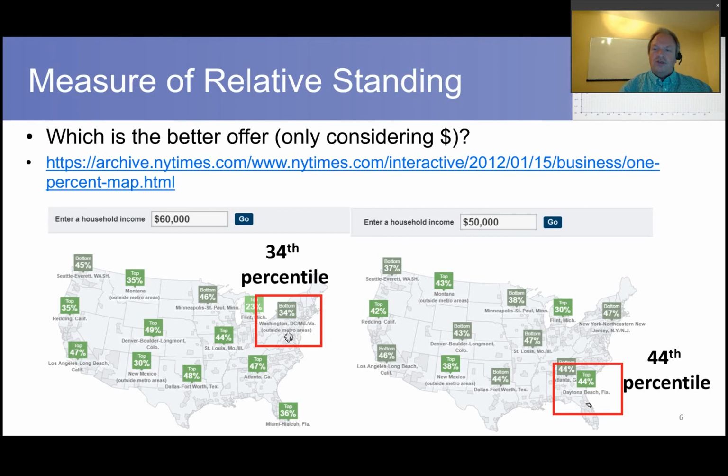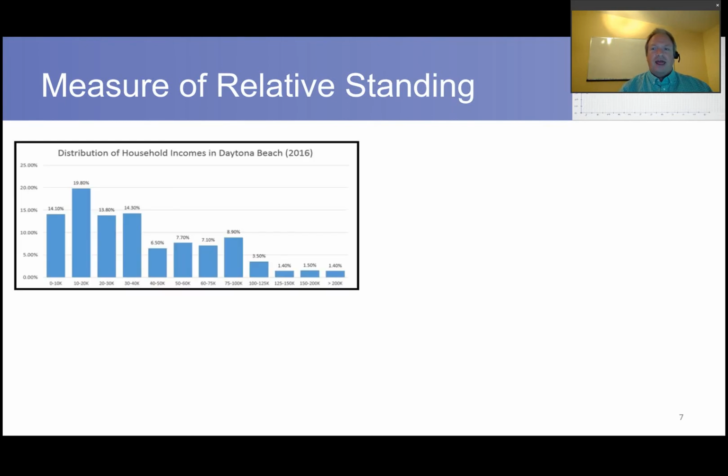So what do these numbers mean and how do we use them to make a decision? Well, if you look at the distribution of incomes in Daytona Beach, you can see that they're nicely right skewed. We find that $50,000 is the 44th percentile for the incomes in Daytona Beach.